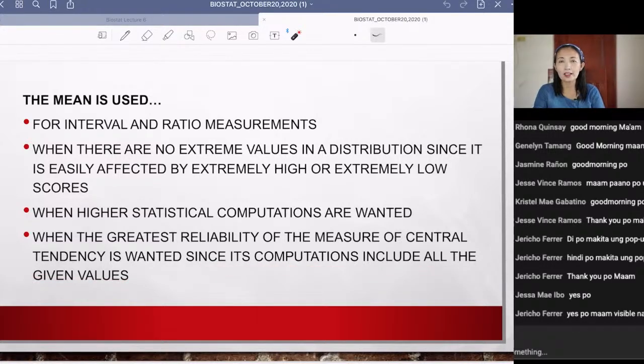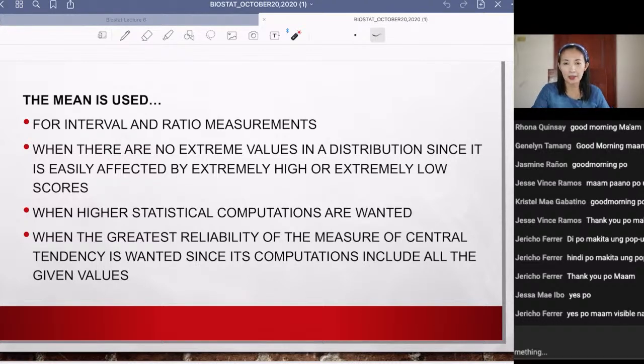Okay, every single score is considered when computing for the mean, unlike when we compute for median and mode. So that's why it is the measure of central tendency with the greatest reliability. However, one of its limitations or disadvantages is that it could be easily affected by extremely high and extremely low scores.